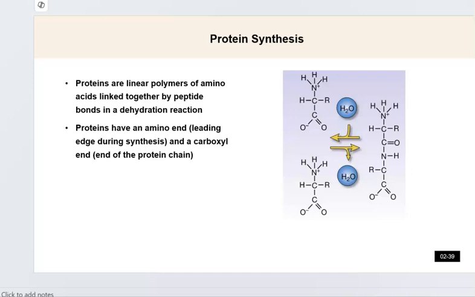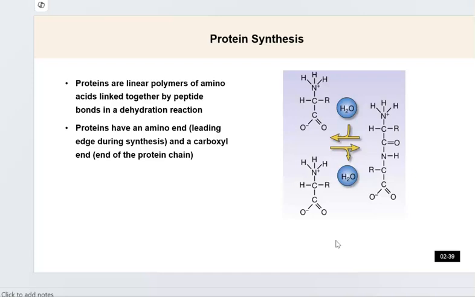So when we talk about how we synthesize or make protein from our amino acids, proteins are linear polymers of amino acids linked together by peptide bonds in a dehydration reaction. Proteins have an amino end, which is the leading edge during synthesis, and a carboxyl end, which is the end of the protein chain.